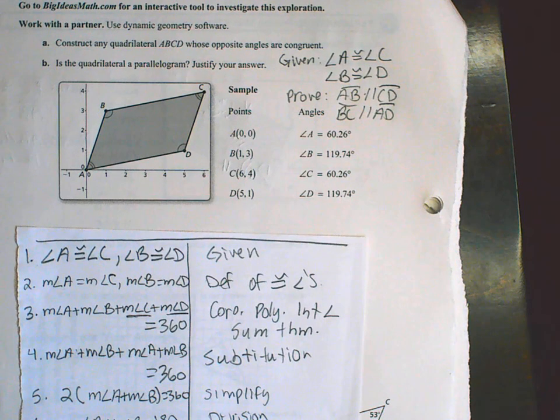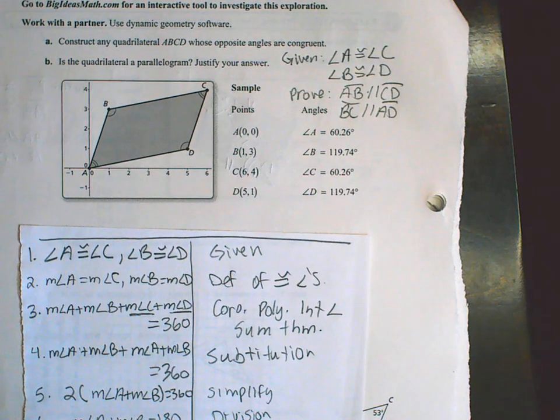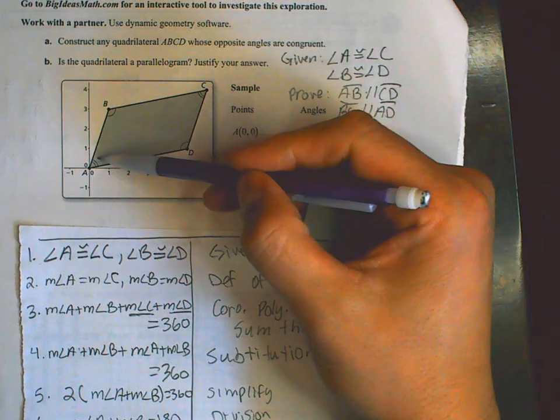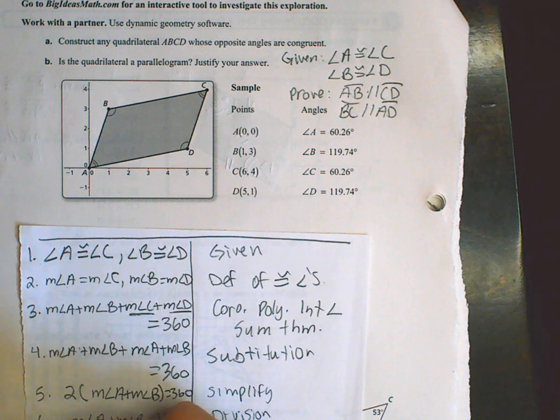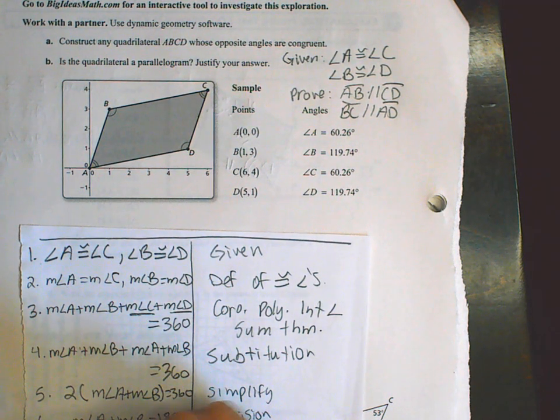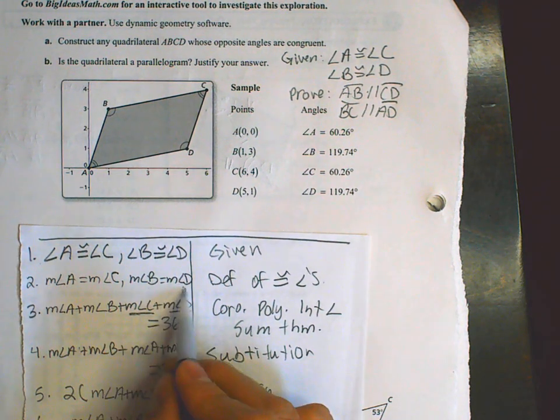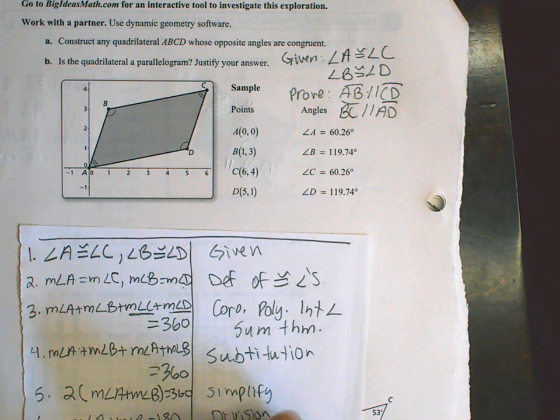Just think about this. These are consecutive interior angles and they're supplementary. This will imply, think about this, A and B, that BC is parallel to AD. Also, if you were to replace this B with D, you would get that the 2 other sides are parallel.